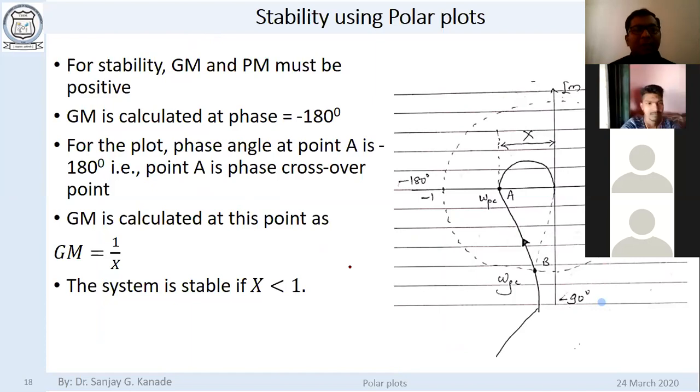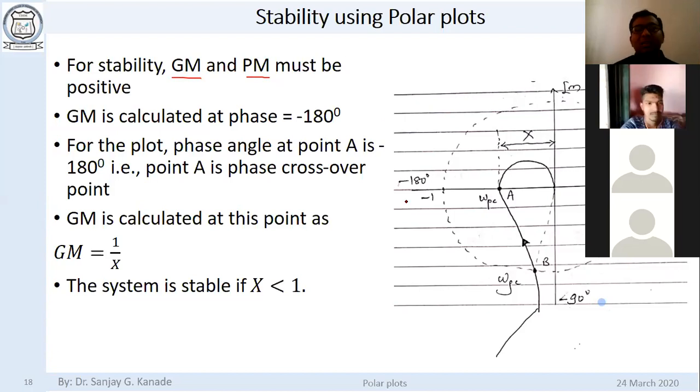In the frequency domain, we say the system is stable when the gain margin and phase margin both are positive, right? You remember this? When both these are positive, the system is stable. And what is gain margin?